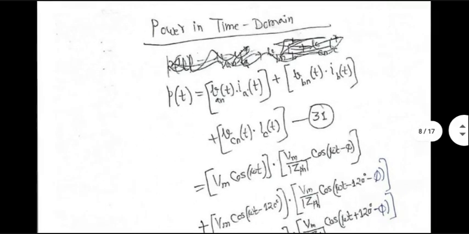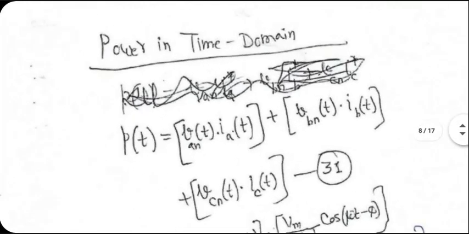Whether I look on the generator side or on the load side, it's the same thing because losses are not there. So the instantaneous power is instantaneous power in phase A plus instantaneous power in phase B plus instantaneous power in phase C. I'm using this symbolic equation to describe that.